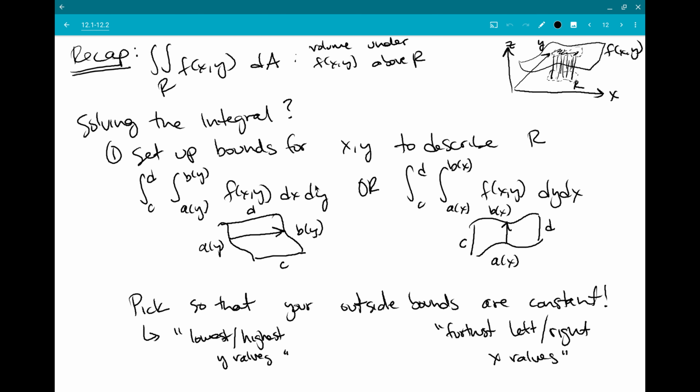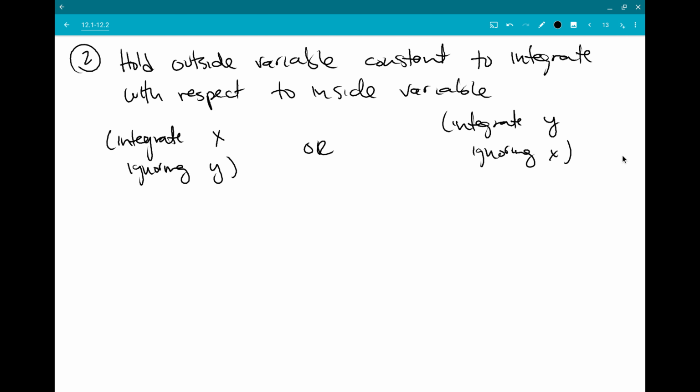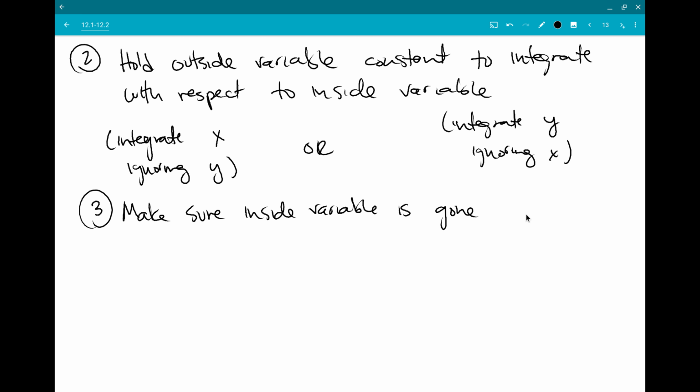When you're taking your notes, that'll line up with this left one and this right one, the two different approaches. And then you have to make sure your inside variable is gone. That comes when you plug in the bounds of your integral.